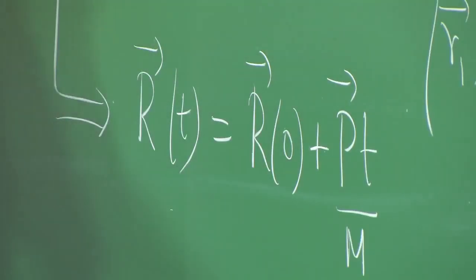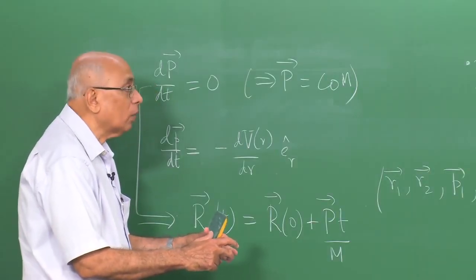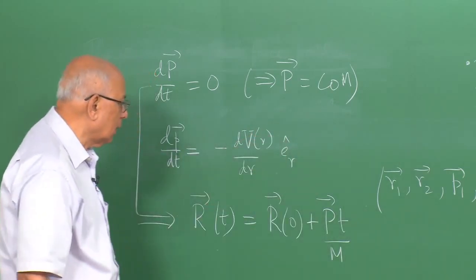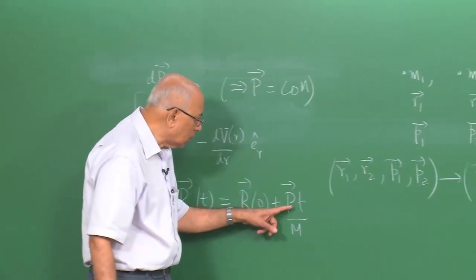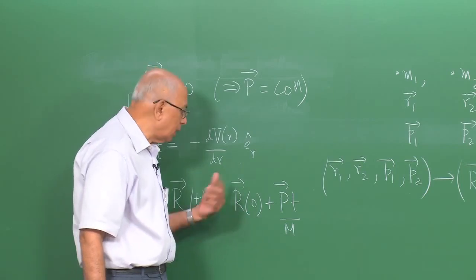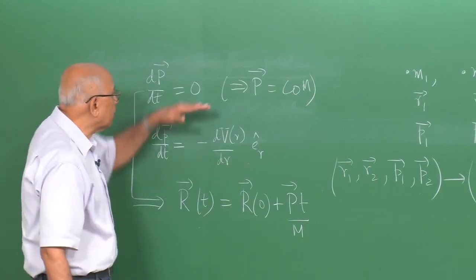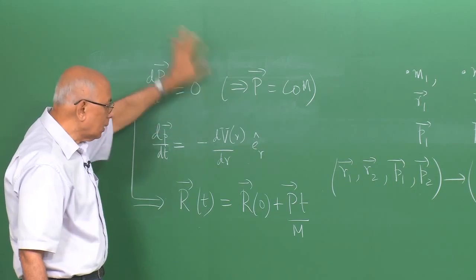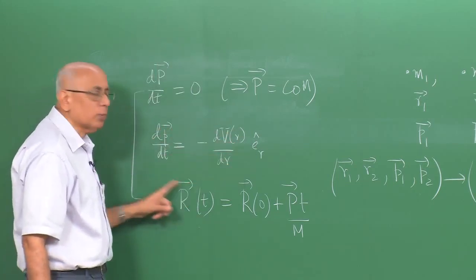It moves linearly, so this whole system, its center of mass with an effective total mass equal to m1 plus m2, moves in a straight line depending on what the initial conditions were. So if you specify for me the initial momenta of these two particles, I know this and I know the mass, and if you tell me where the center of mass was located initially, I know where it is located at any further instant of time. So this part of the problem is like a free particle and is solved trivially by the laws of motion being explicitly integrated out.